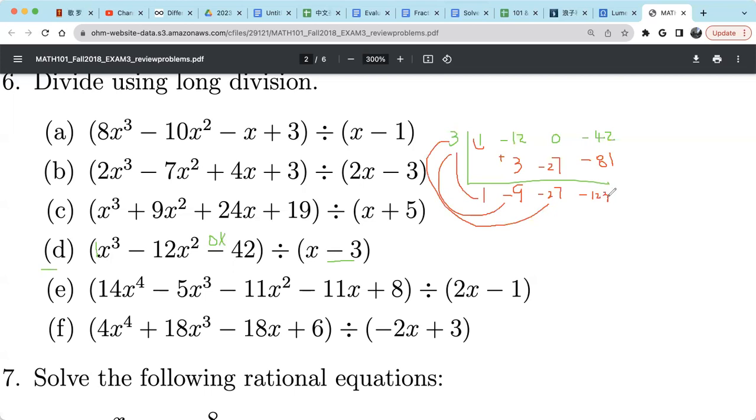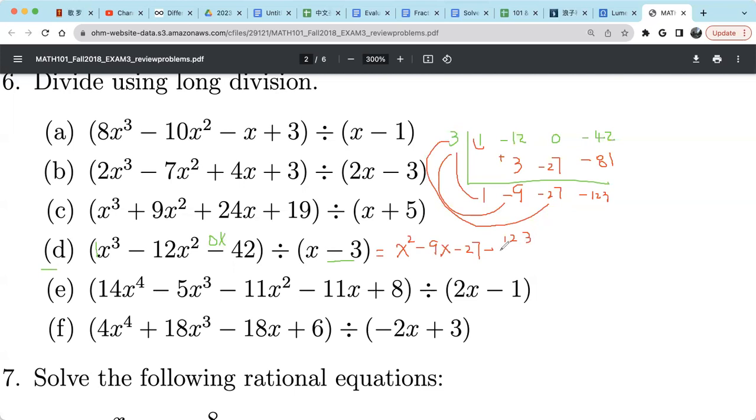How are we going to write our answer? So the answer equals 1, which is the coefficient of x squared; -9 is the coefficient of x; -27 is the constant; and -123 is the remainder.